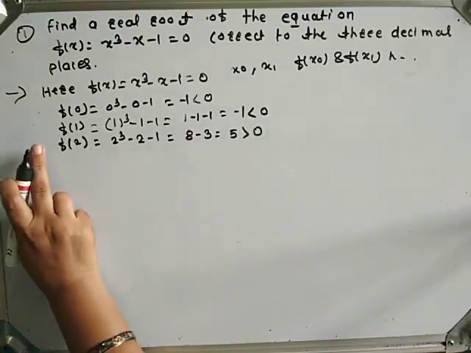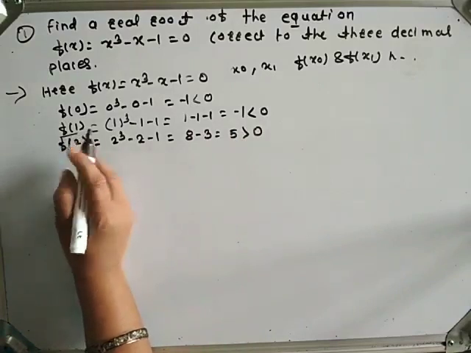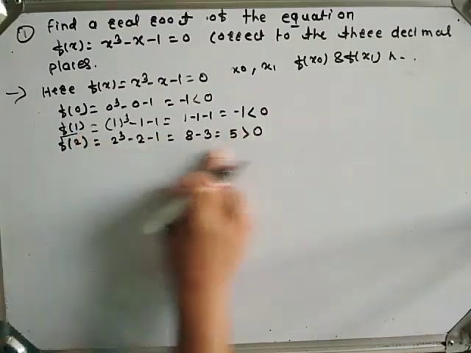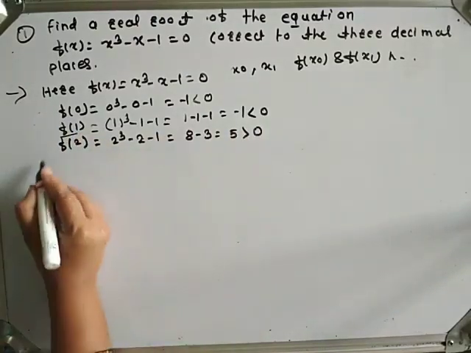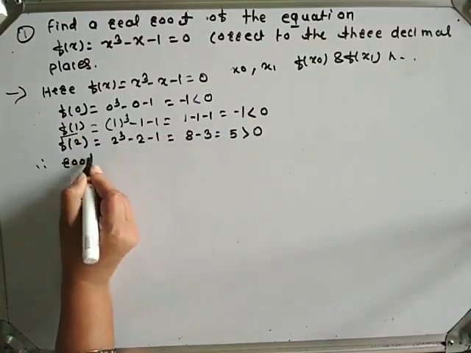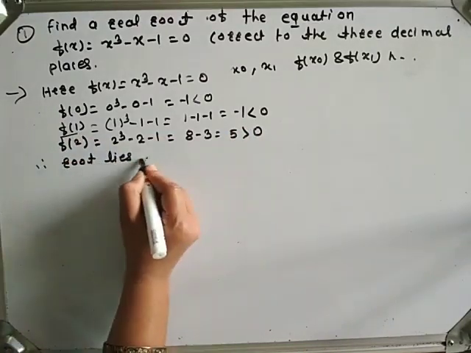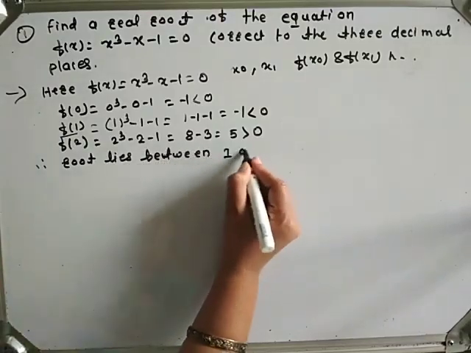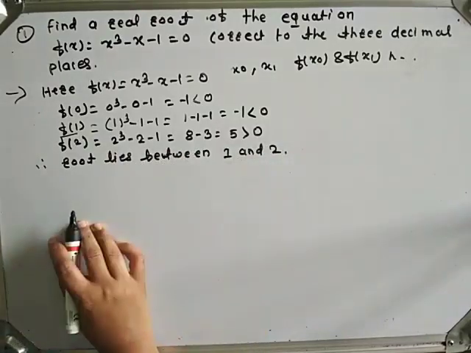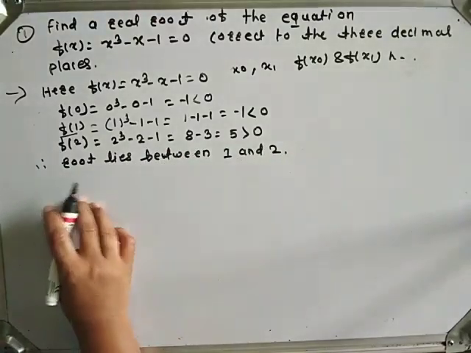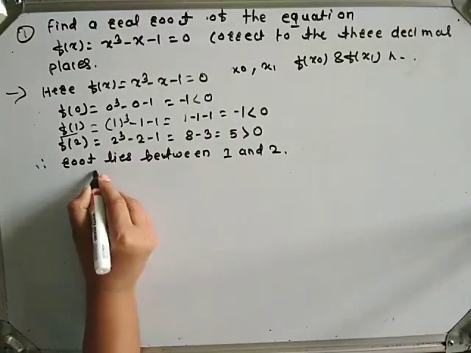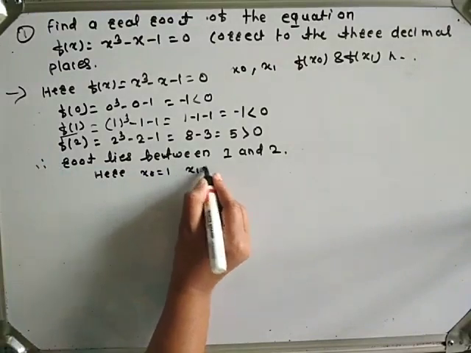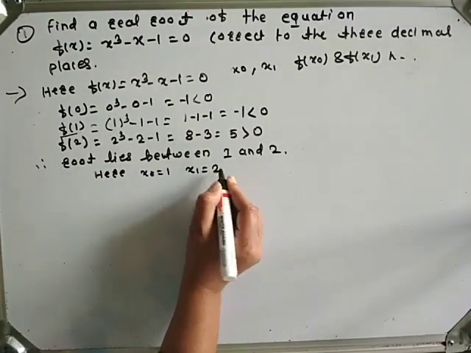Therefore, we get 2 points, 1 and 2, such that f of 1 is negative and f of 2 is positive. Therefore, by the theorem, the root lies between 1 and 2. Here, x0 is equal to 1 and x1 is equal to 2.